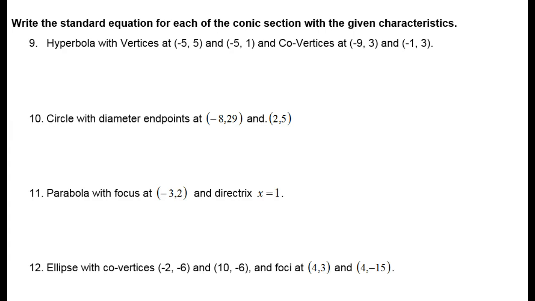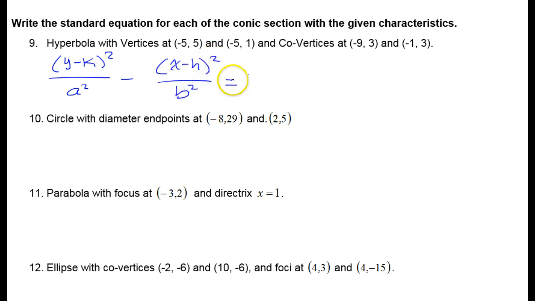So I know that I'm dealing with an equation of the form y minus k squared over a squared minus x minus h squared over b squared is equal to 1. The y term has to be first because it is vertical.